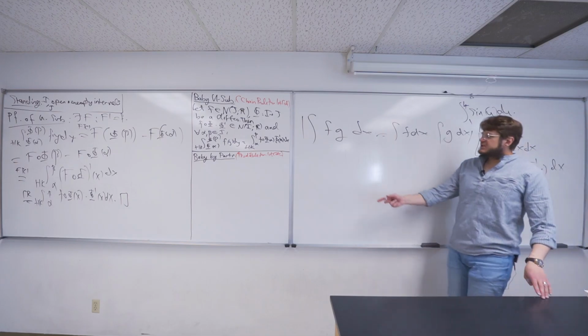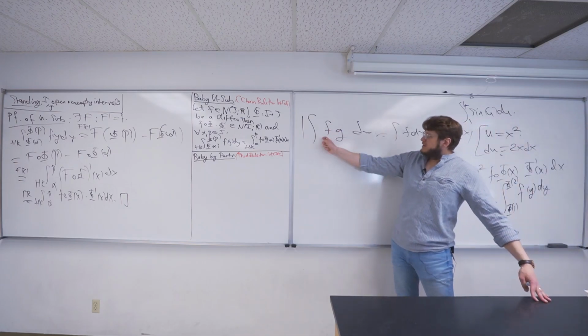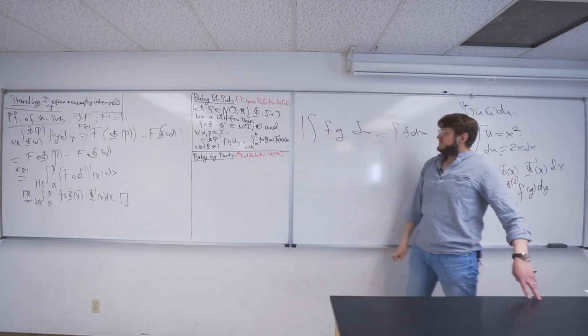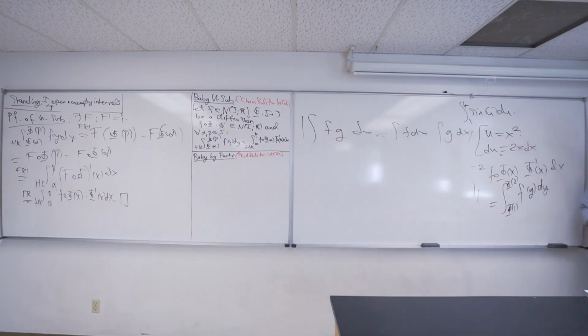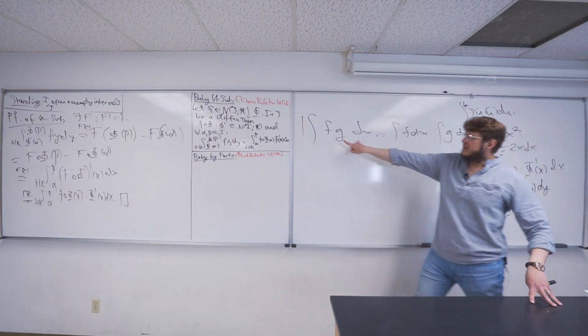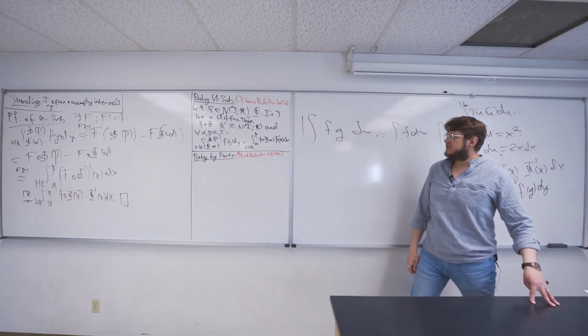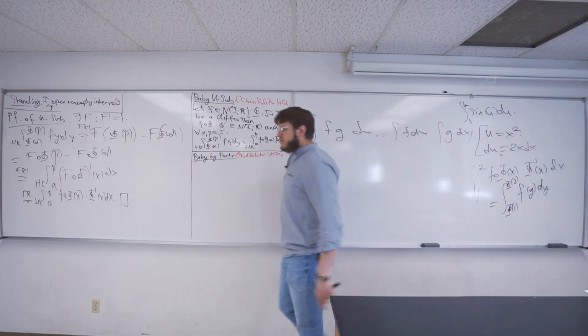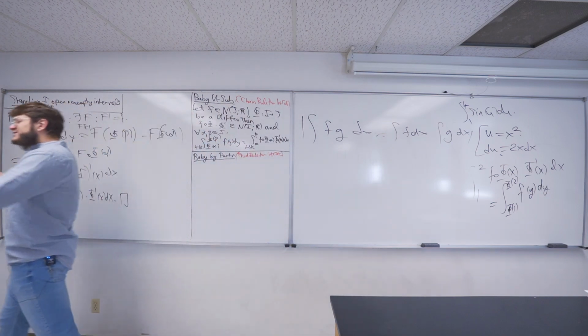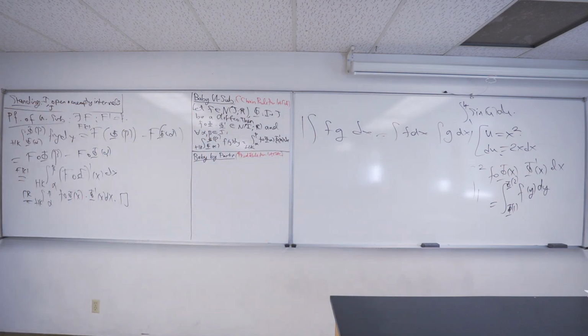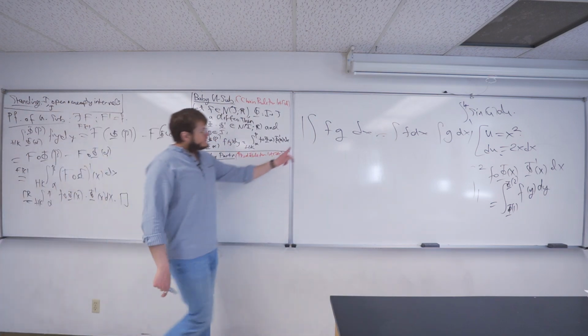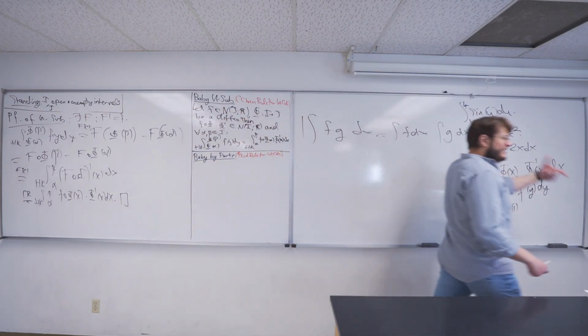I mentioned how, for instance, in probability and statistics, you think of functions as random variables. This product random variable represents two events happening simultaneously. This integral then becomes the expectation.